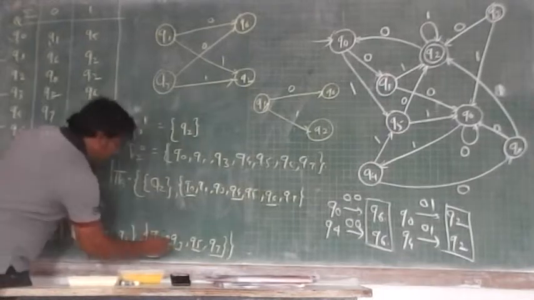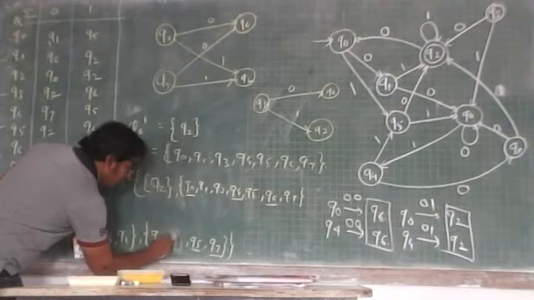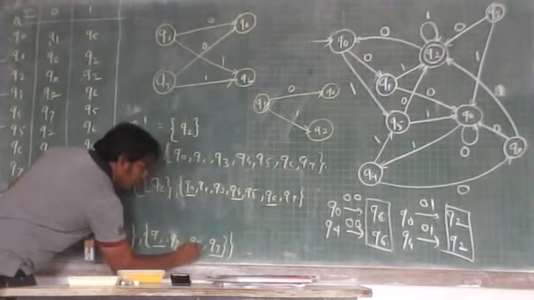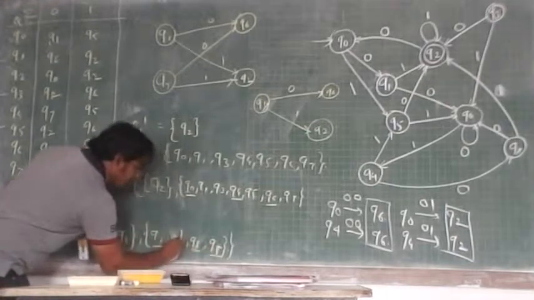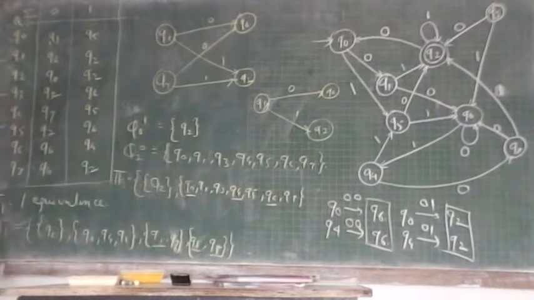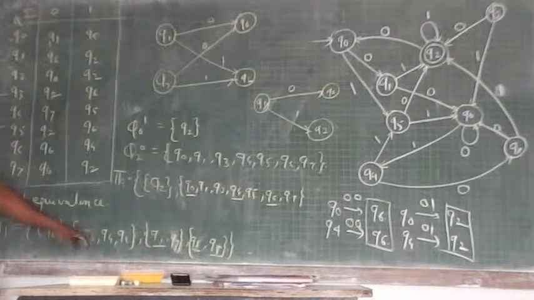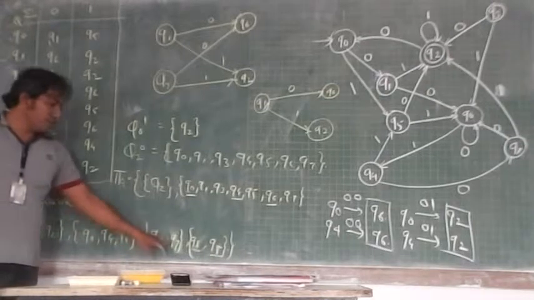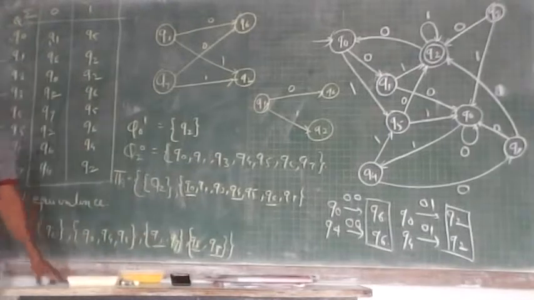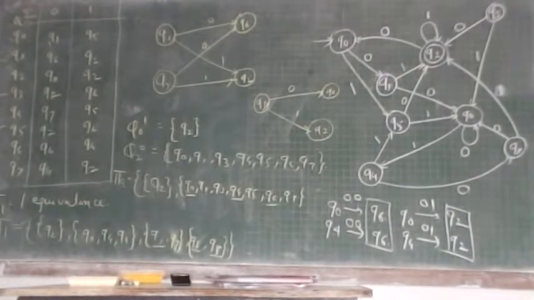So in this way I can have one equivalence. Phi1 I am having Q2, Q0, Q4, Q6, Q1, Q7, Q3, Q5. All these are the equivalence classes.